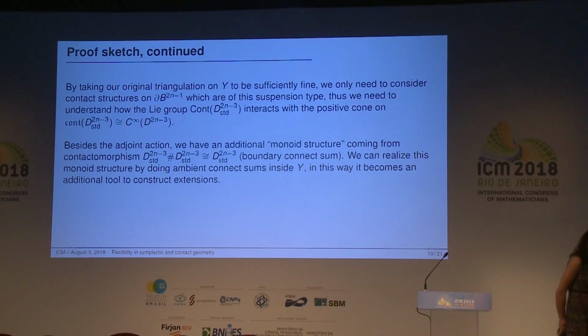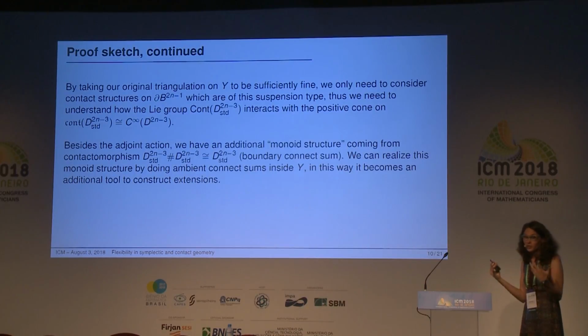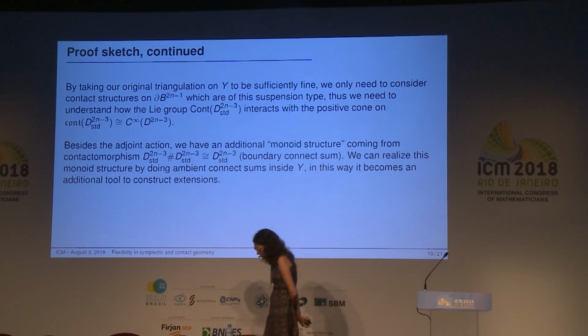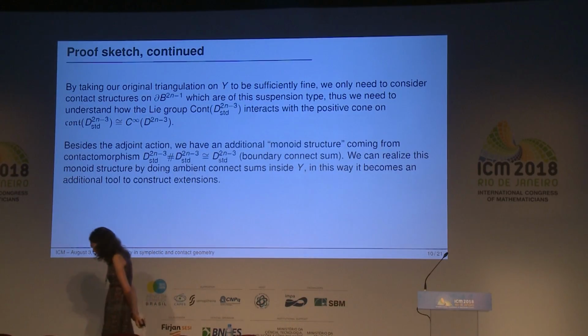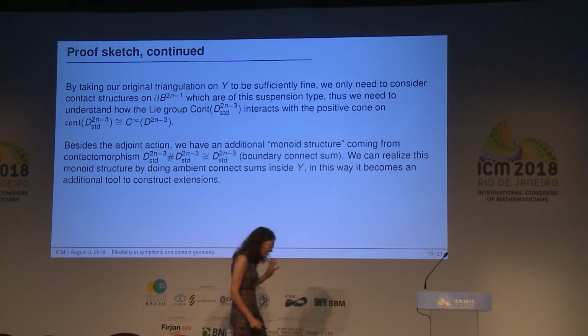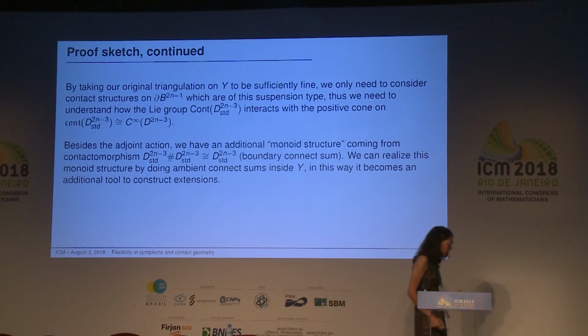By doing this, I get this strange monoid structure on this Lie group, which I have no idea how to think of in terms of Lie theory. It's very strongly a topological operation, I would say.